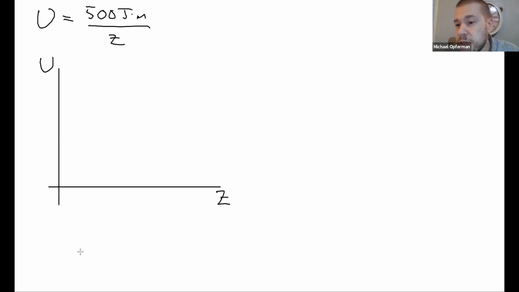So the form of this potential energy is 1 over z. I'm sure you know what 1 over x looks like from your math courses. It's something like this, where it blows up to infinity at z equals 0, and then it gradually goes to 0 as z increases.